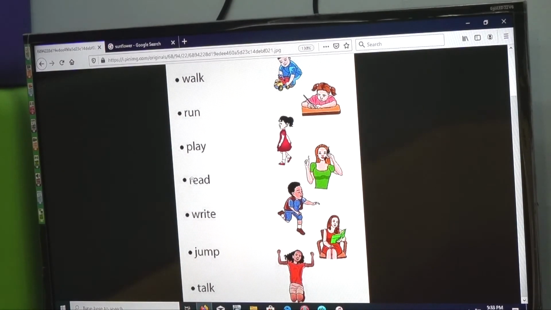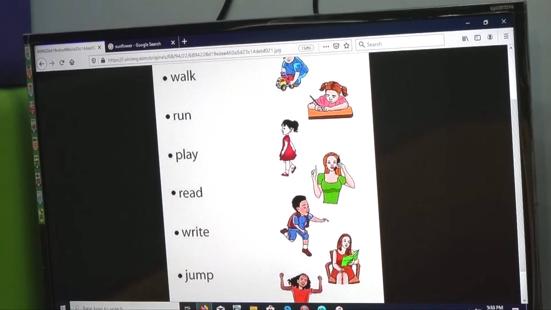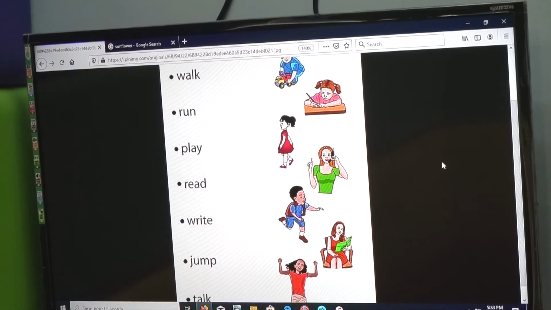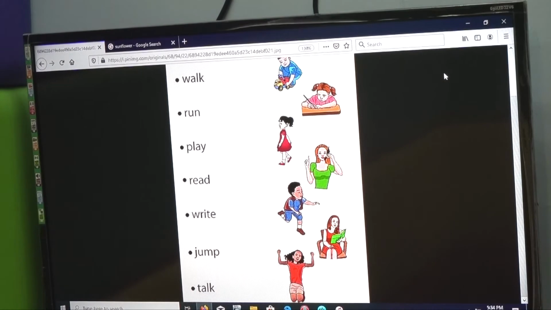I would like you to match the correct action verbs that you see, alright? So let's do it. The first action verb you see here is walk, right? Walk.